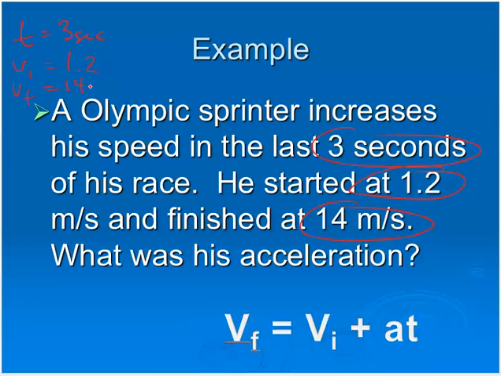So now let's find the acceleration. Using the equation, I'm going to say 14 equals 1.2 plus a times 3 seconds. Our acceleration turns out to be 4.3, and I've rounded that up, meters per second squared.